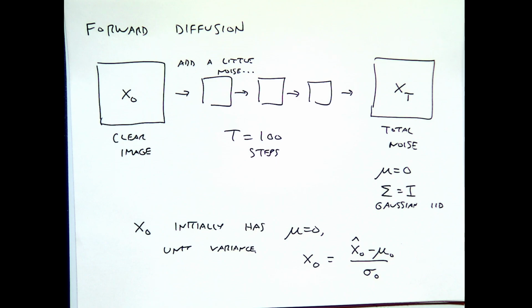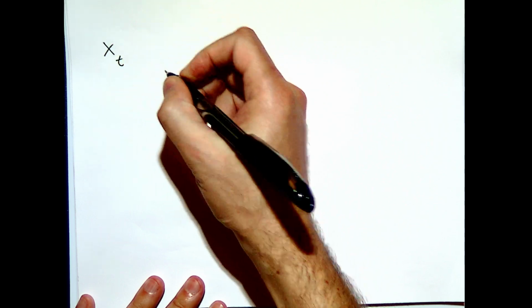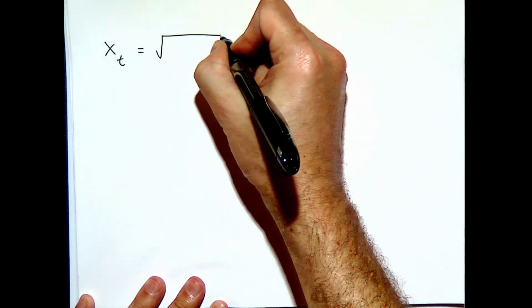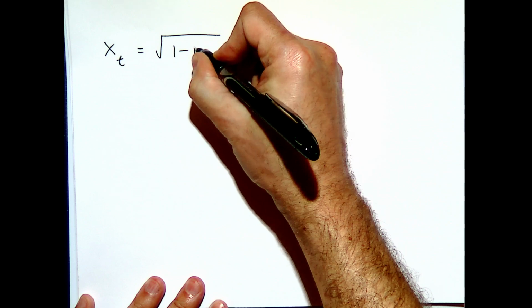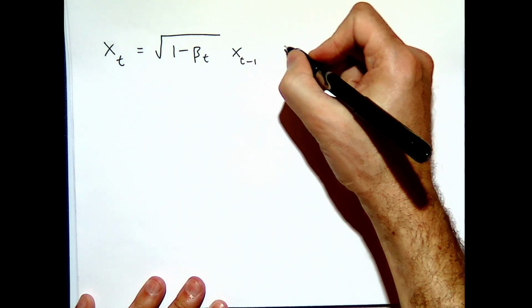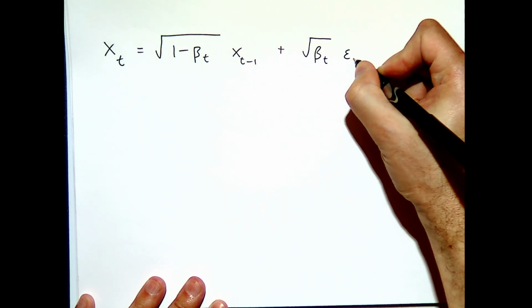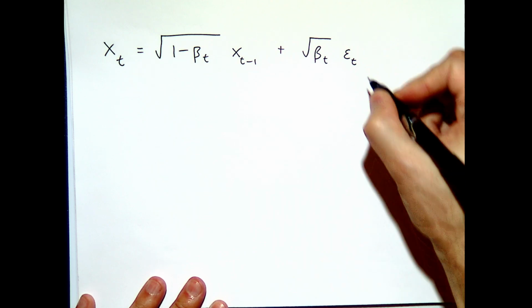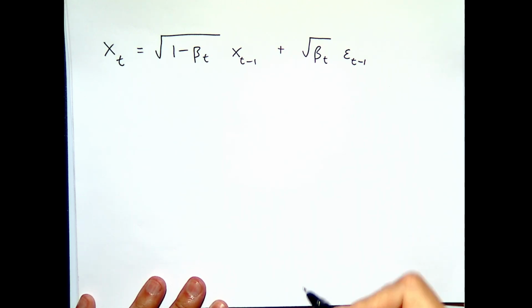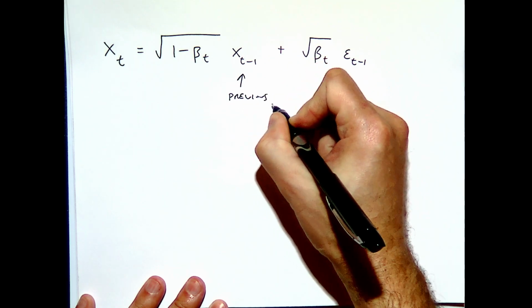But it has these second order statistics, right? Mean and variance. And so what I'm going to do at every time step is take my next sample to be what I had before at time t minus 1 and add a little bit of noise, right? So this is basically the previous step.